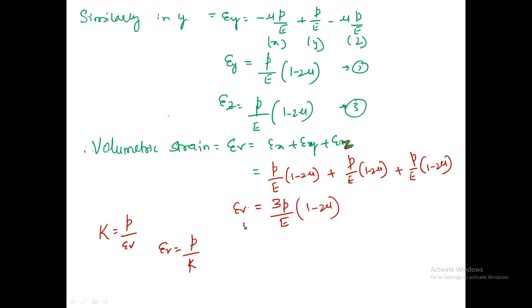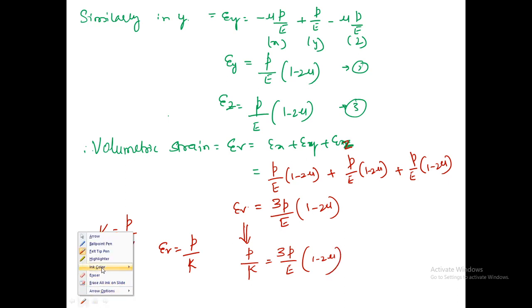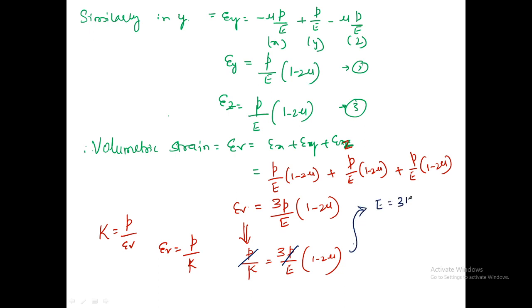P divided by K equal to 3P divided by E, 1 minus 2 mu. Now this P gets cancelled here. What equation will we get? E equal to 3K in bracket 1 minus 2 mu.